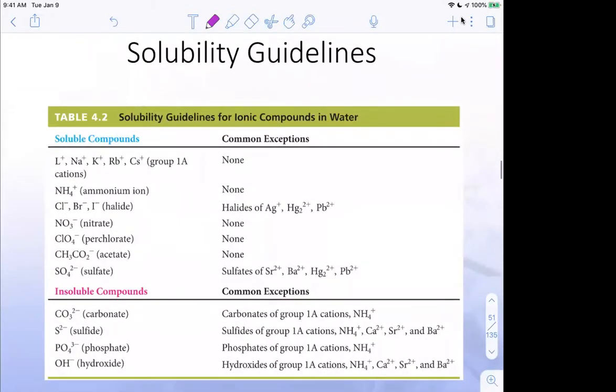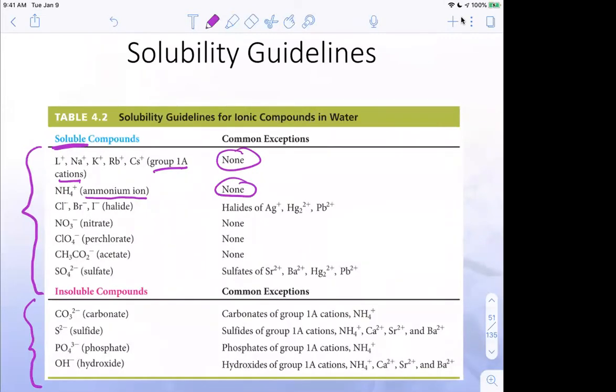This is a solubility chart. This is from one of the books that I have. Basically, the top part is a little different than the bottom part. Notice, I am soluble if I have a group 1A cation or ammonium ion, and there are no common exceptions.